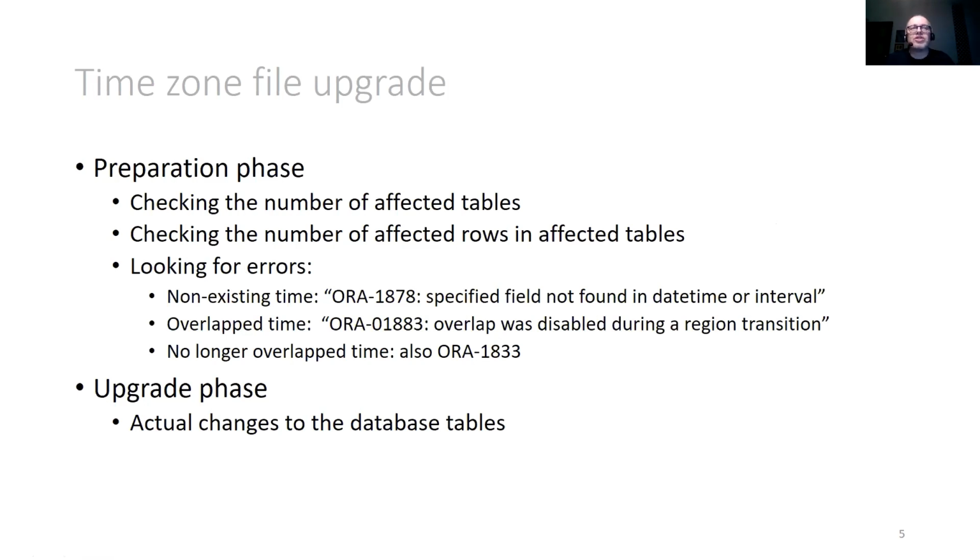Usually you should not have too many of those errors. However, there are situations where updating the time zone file may actually result in some errors for certain values in the column. As you may remember from the previous month, or you can find it in the recording of the previous session, we talked about how the timestamps with time zone are stored, right?